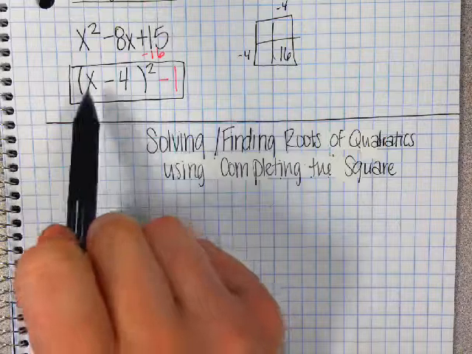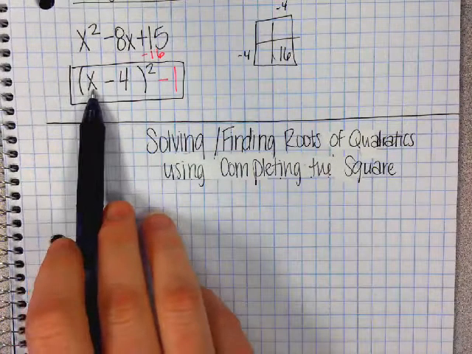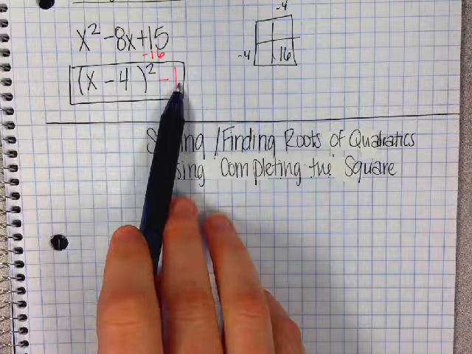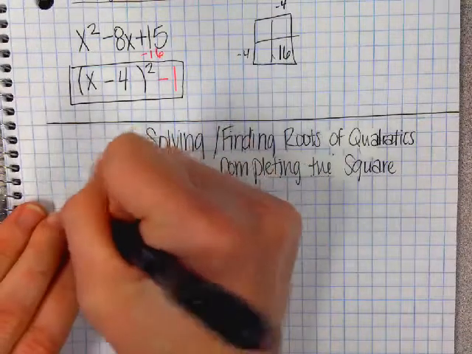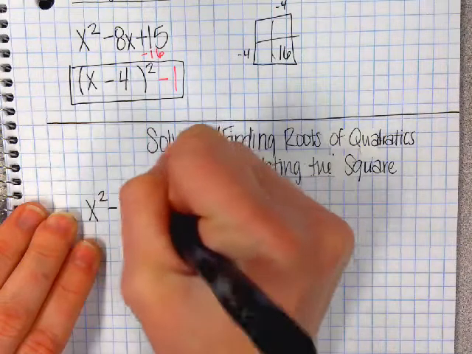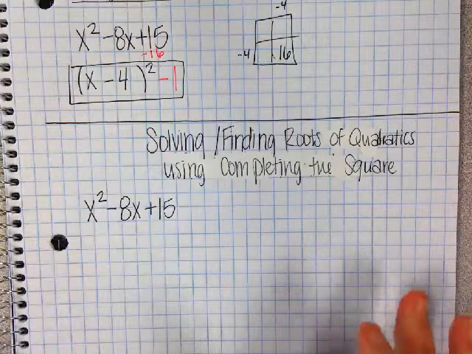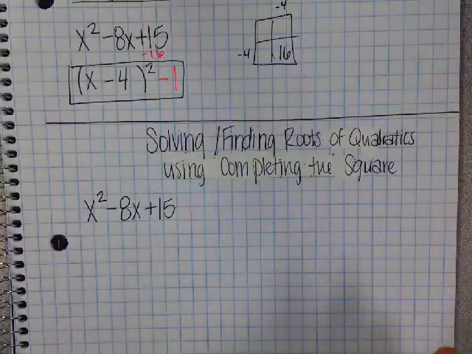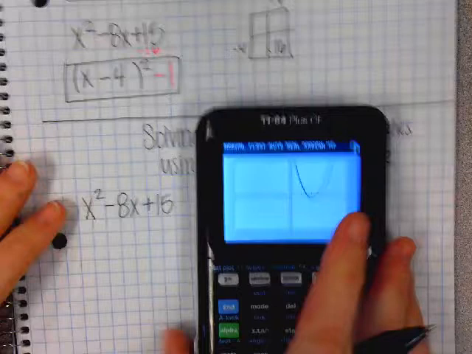First thing you need to do, since it says solve by completing the square, is you're going to write it in vertex form or complete the square. So if I had the equation x squared minus 8x plus 15. Now remember, when you're finding the roots, what does it have to be equal to? Like if you're on your graphing calculator, what does it need to be equal to find the roots?